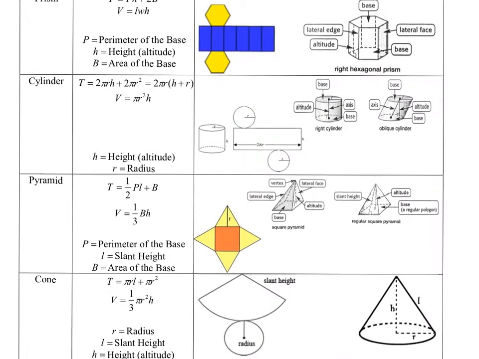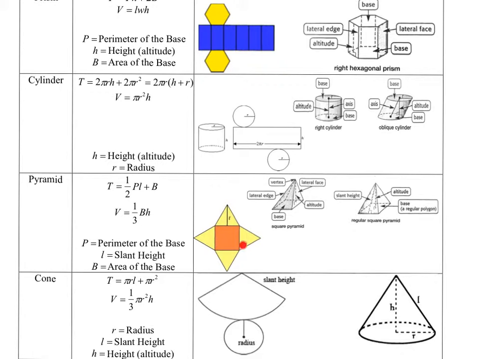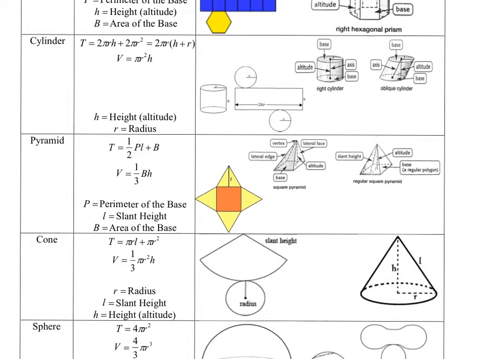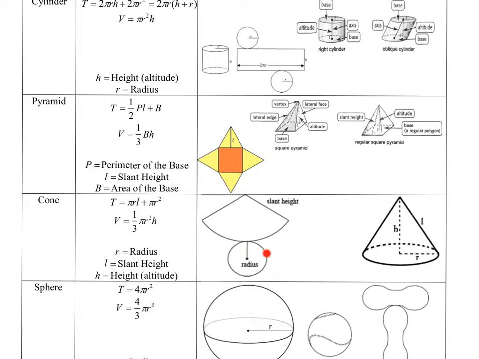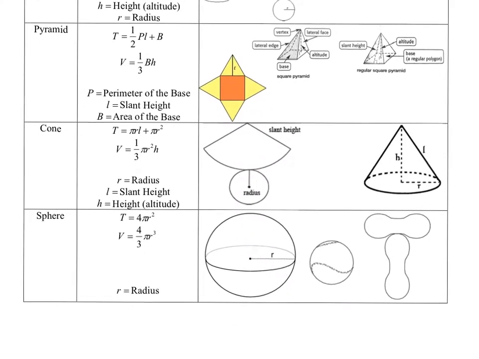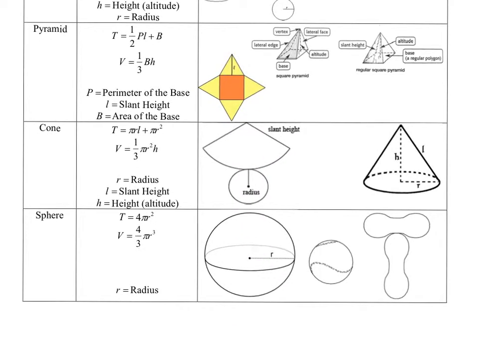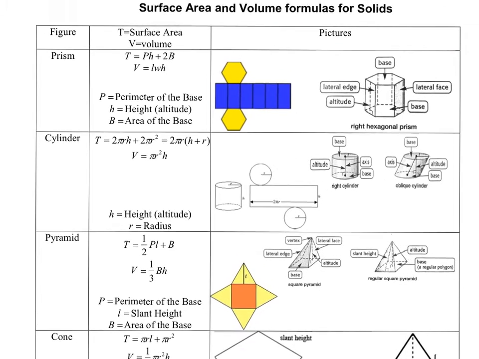Pyramid, the sides are triangles, and so this would be a square base, but you could have a hexagon base or a pentagon base. For a cone, the base is a circle, and for a sphere, there is no base. So we really need to know how to use these formulas.